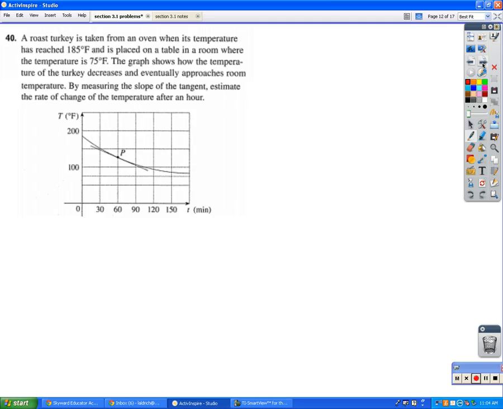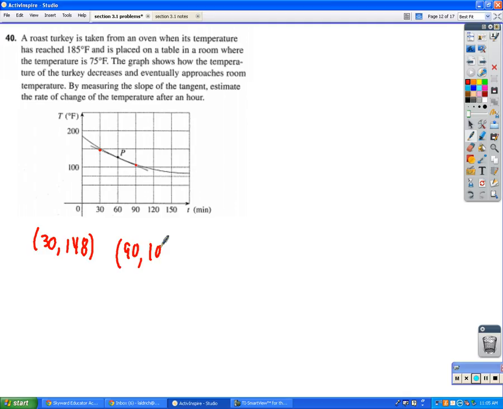So they have drawn in the tangent line for us. And so this is like the bicycle problem that you all bombed. We're going to look at this point right here and this point right here and use those to figure out the slope of the tangent line at that point. That's okay because they've already drawn it in there. So this point is 30, 148, and this point here is 90, 102.